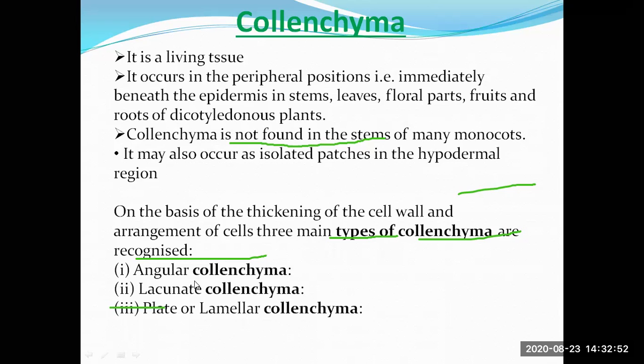They are angular collenchyma, lacunar or lacunate collenchyma, and third, plate collenchyma or lamellar collenchyma. This is purely based on the thickenings of the cell wall and arrangement of cells.